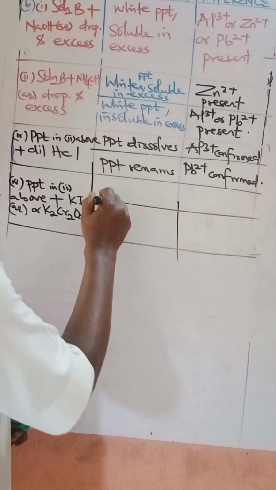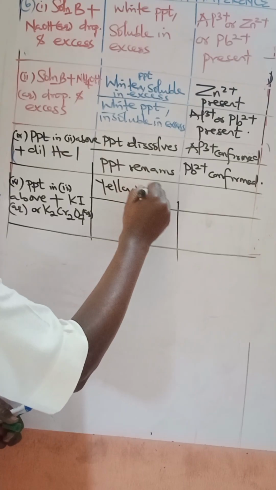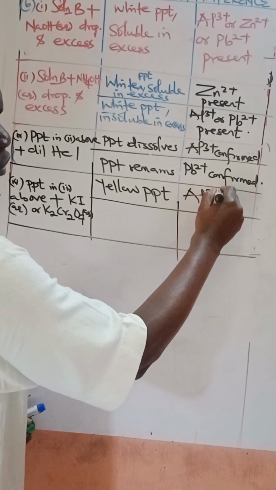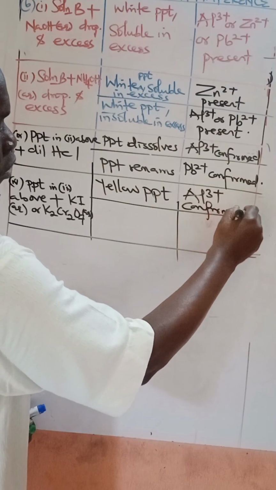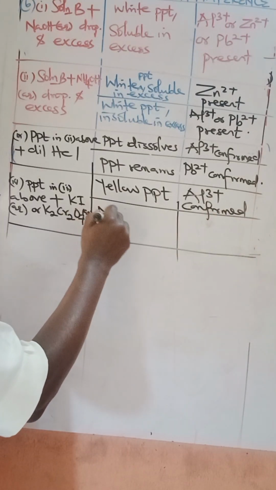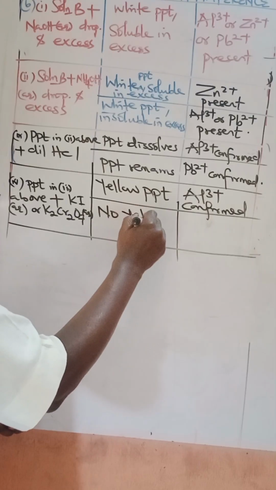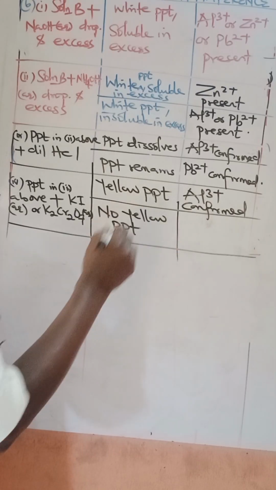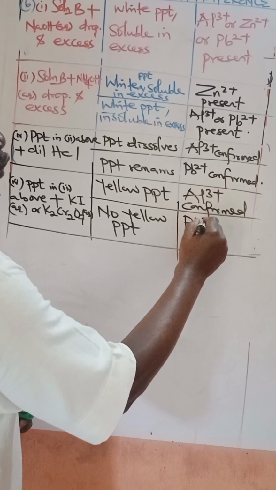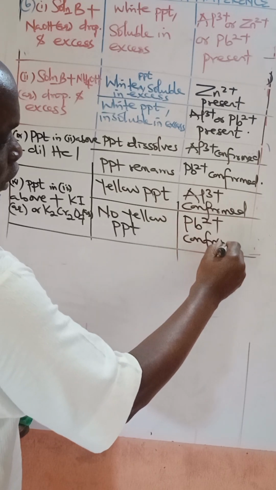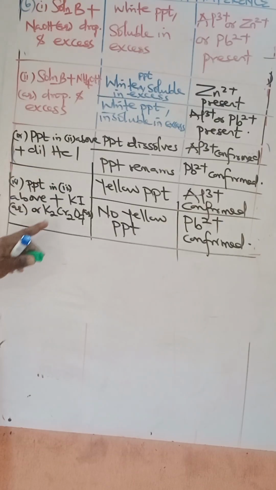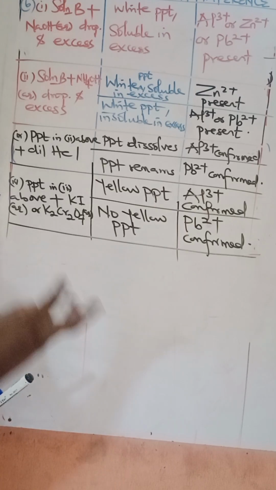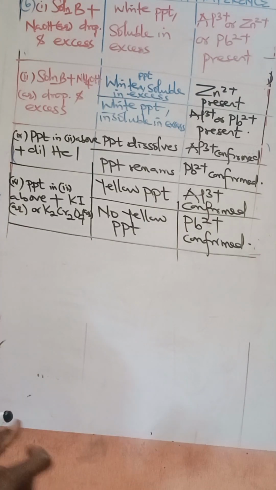Where you have a yellow precipitate, lead-2 ion is confirmed. Where you have no yellow precipitate or no precipitate, then you have aluminum ion. So if you don't use dilute HCl, you can use potassium iodide or K2Cr2O7. That is the solution test for aluminum ion, lead-2 ion, and zinc ion.